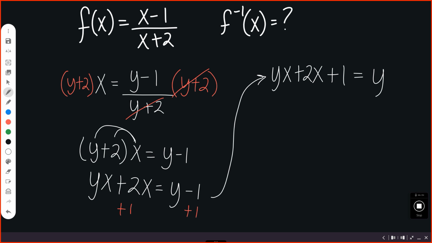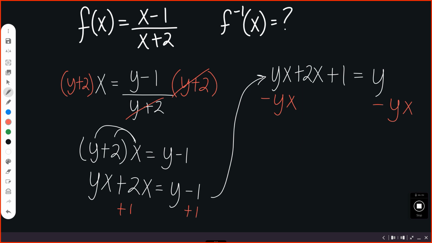Again, we're trying to isolate the y's. So I'm going to bring this yx that's on the left to the right side. And remember, if we were to divide and say, you know what, I just want to bring the y, so we're going to divide everything by y, that's just going to complicate things a lot more.